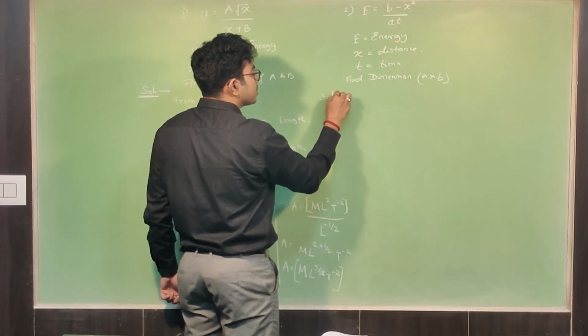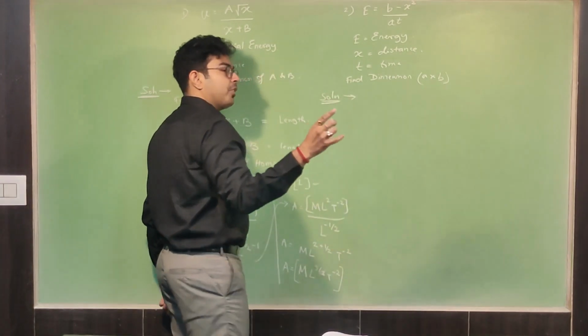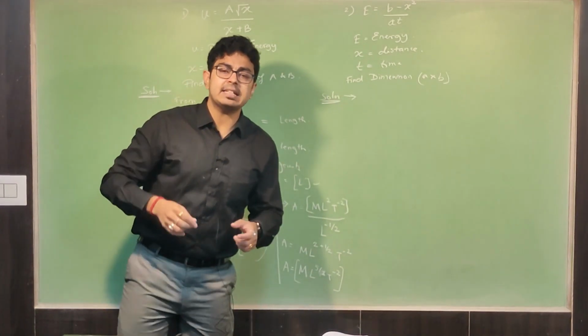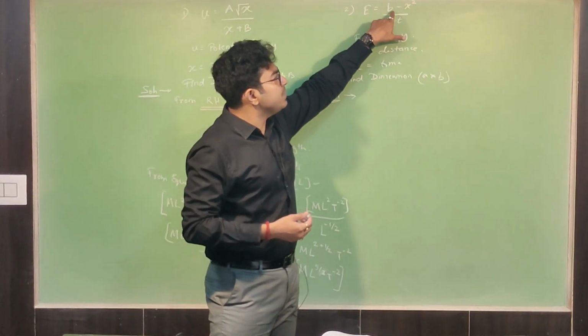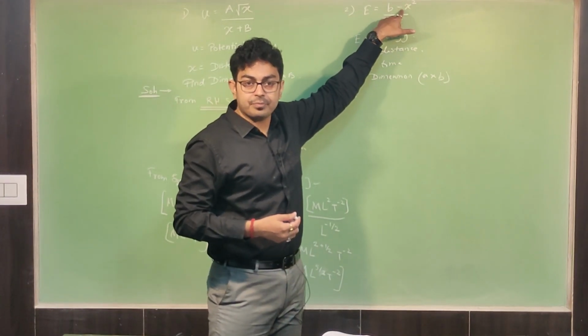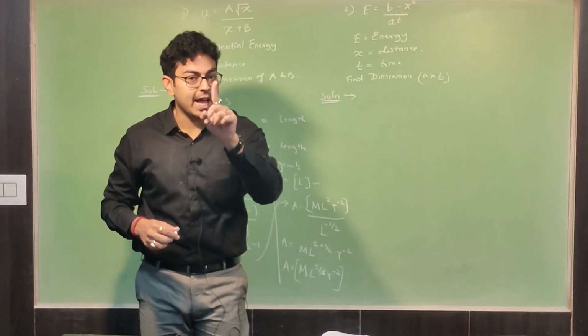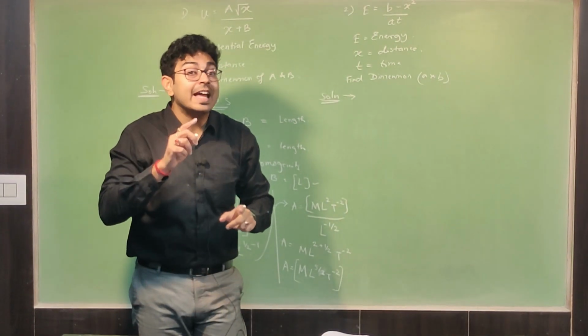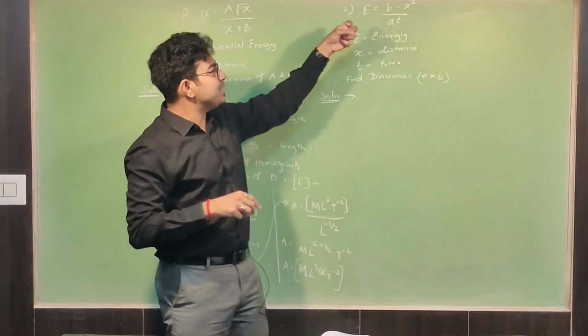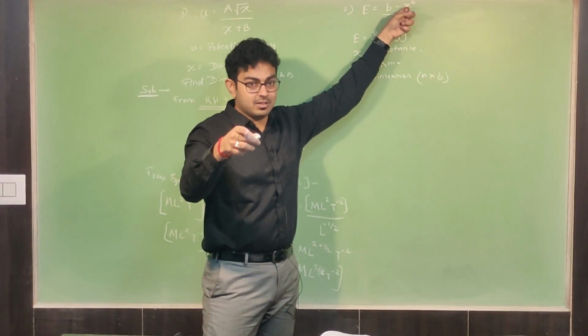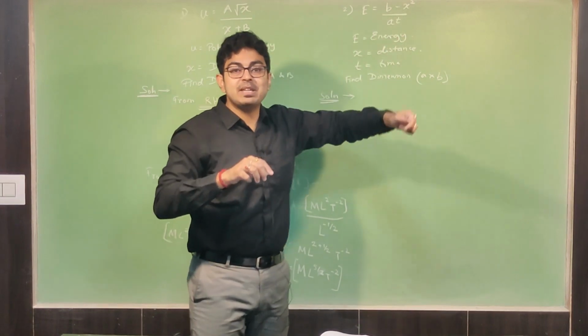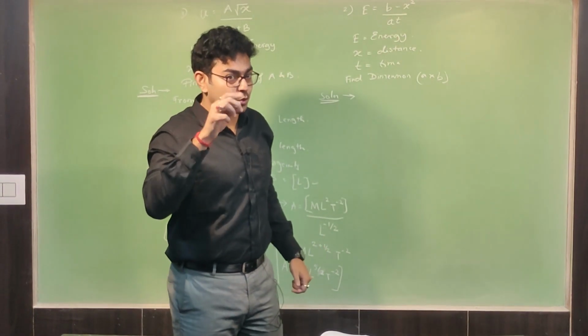Here goes the solution. First of all, you have to find out where is plus or minus going on. Here see the minus is there, right? So this is B minus x square. So B should have the same dimension as x square, because x square is being subtracted from B, right? So dimension of B and dimension of x square should be same.